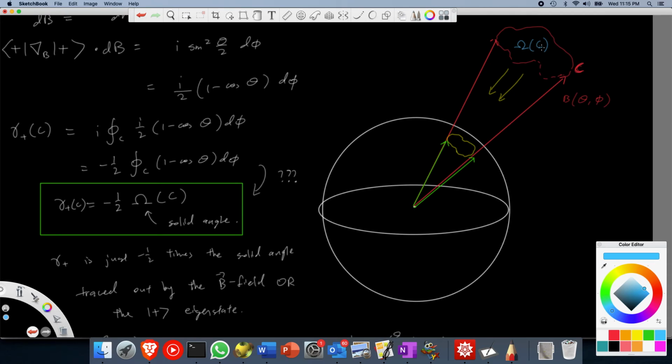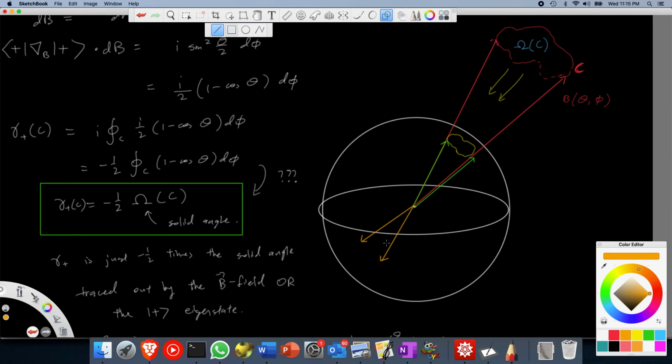results in a solid angle, then the minus eigenstate, although it aligns in the opposite direction with the magnetic field on the Bloch sphere, when the minus eigenstate is projected onto the Bloch sphere and converted into the Bloch vector, it will be anti-parallel with the magnetic field.